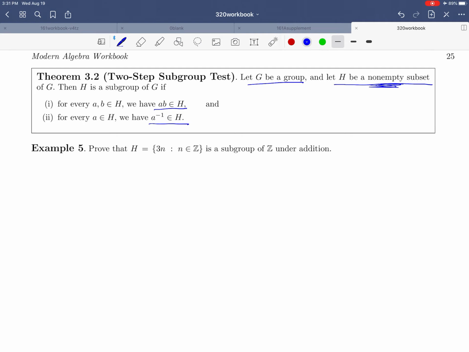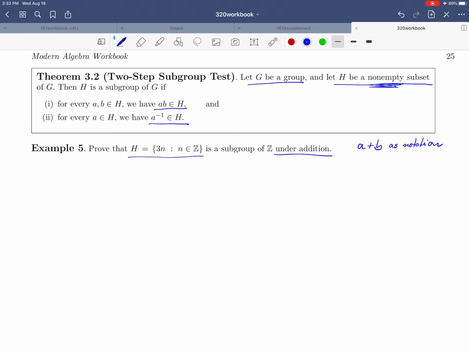So in example 5, we are looking at a subset of the integers, and we're going to show that that is a subgroup under addition. Since we are going with addition, instead of using a times b, we are going to use a plus b as a notation.